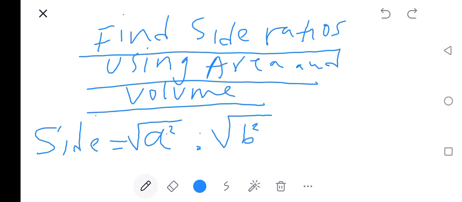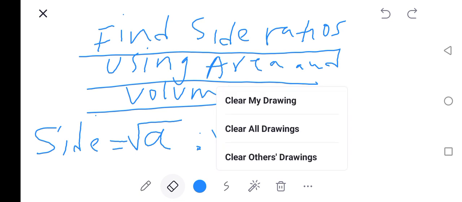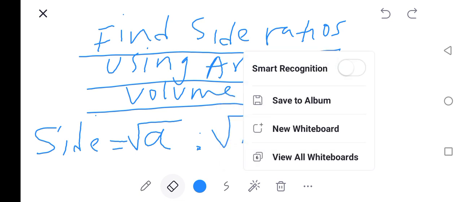Let me move this to my one. If you are finding the side ratios using area, let me start it like this. Area is A squared to the B squared, isn't it?